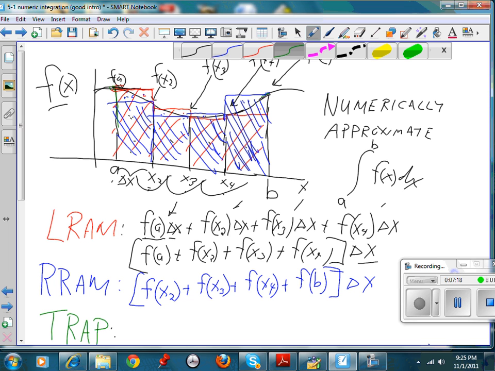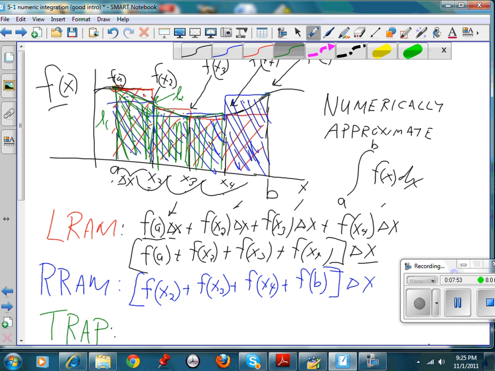You're making a trapezoid, so you've got trapezoids, not rectangles. You're going to go like that, and as you might guess, a trapezoid uses the average of this height, this is L1, and that's L2.